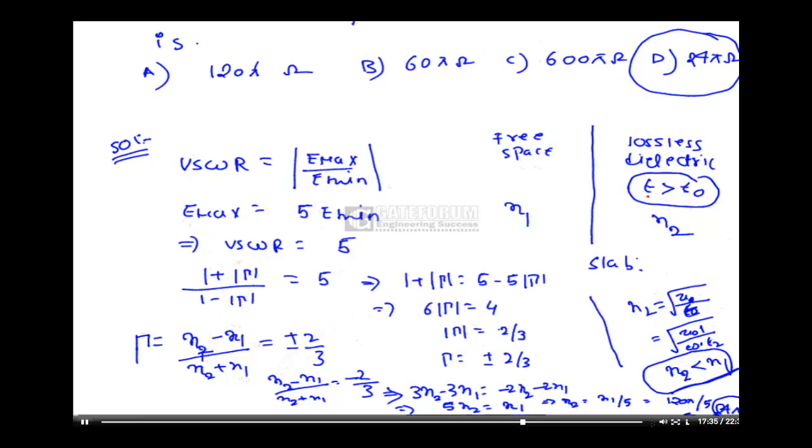Here it is given that epsilon is greater than epsilon naught. Then if you substitute in the denominator part, definitely eta 2 is less than eta 1, where eta 1 is the intrinsic impedance of free space. So we have to consider the reflection coefficient as negative, and we get 24 pi as the answer. This is very, very important.